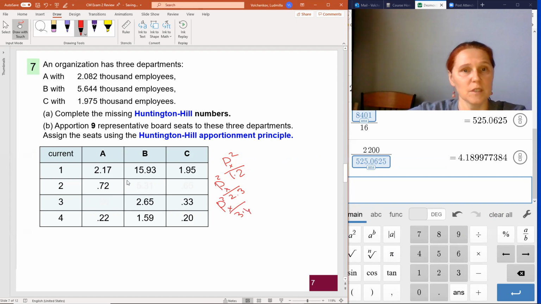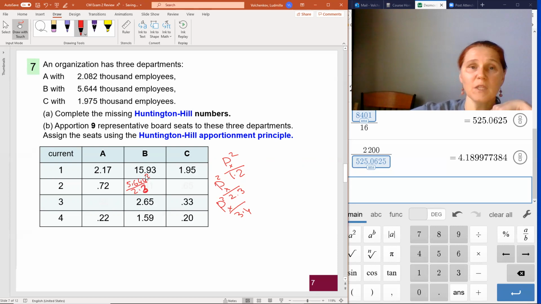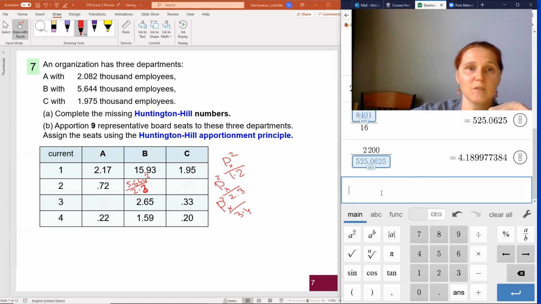So for the first empty box, it is the second line, so we must raise the populations to the square, and we take these numbers in thousands. So it is B, so we take 5.644 squared divided by 2 and divided by 3. So 3 is in the denominator, it means we must divide by this 3.